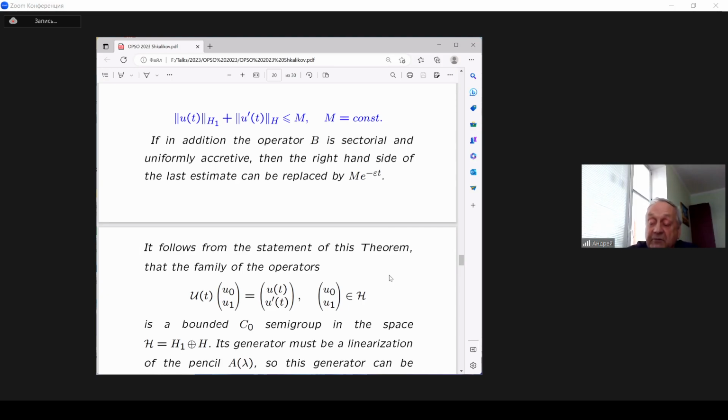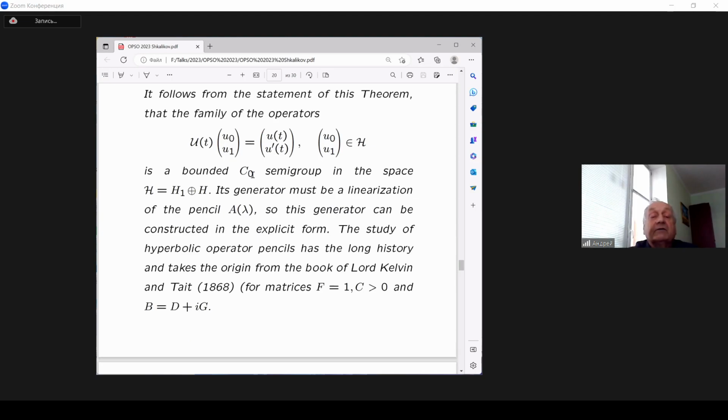It follows from the statement of this theorem that if we consider the family which puts into correspondence to the initial data u0, u1 the solution of the problem, which does exist, then this family generates a C0 semigroup, a strongly continuous semigroup in the space H1 plus H. Its generator must be a linearization of the pencil A of lambda. So this generator can be constructed in explicit form.